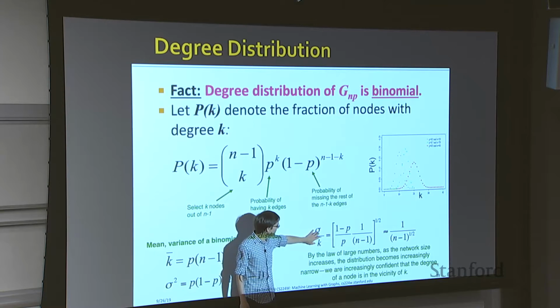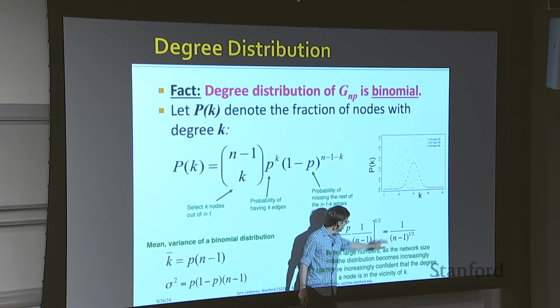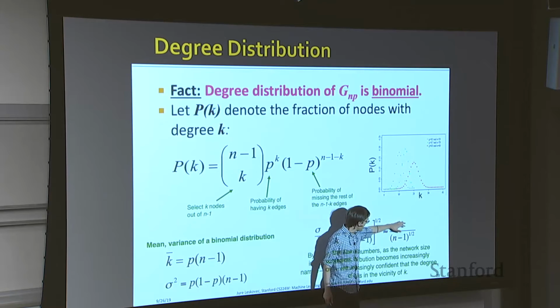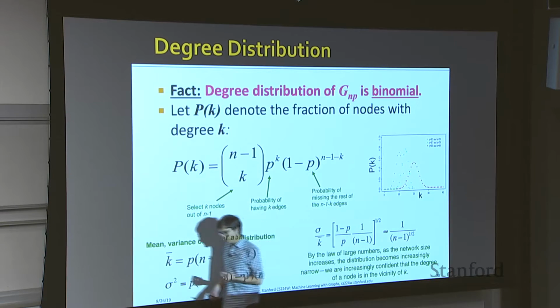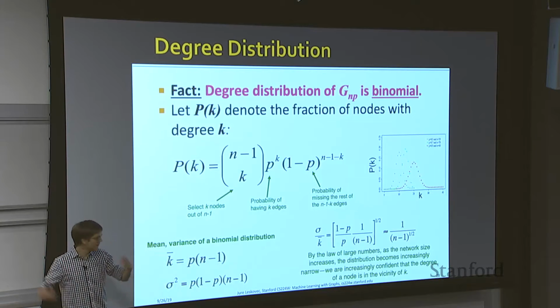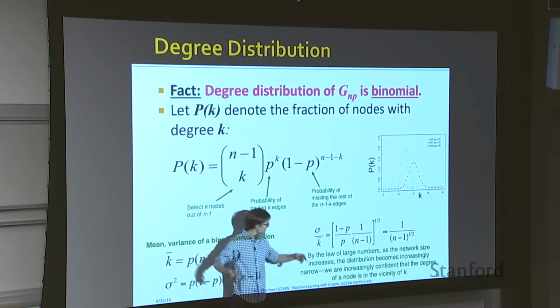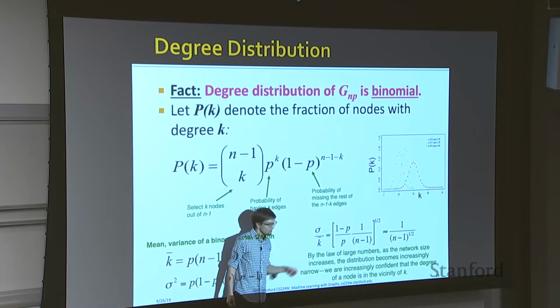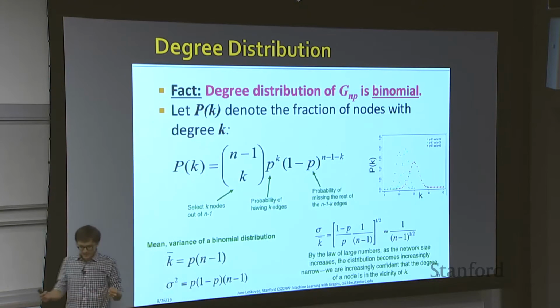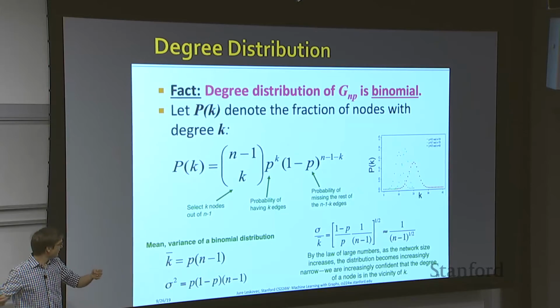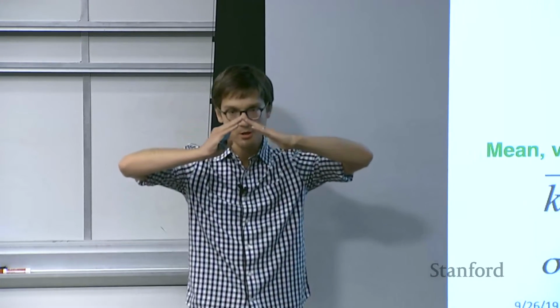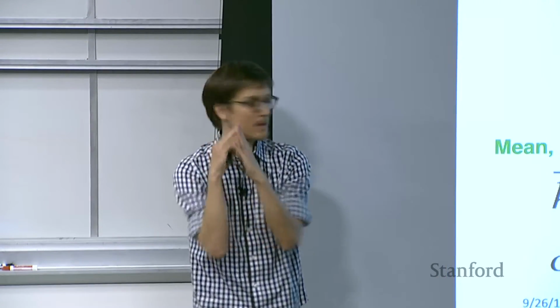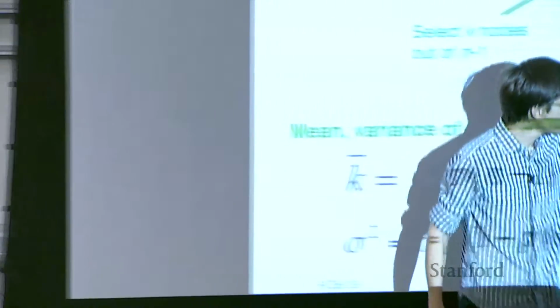If you compute this, you see that this ratio has the value of 1 over square root of n. What does this mean? As the size of the graph increases, this ratio will go to 0. This means that as the graph gets bigger and bigger, the distribution will narrow.